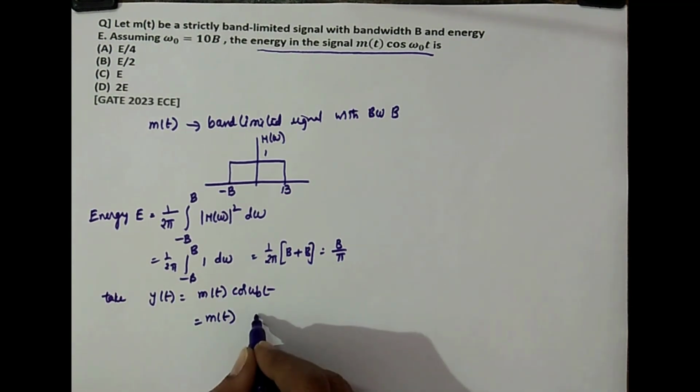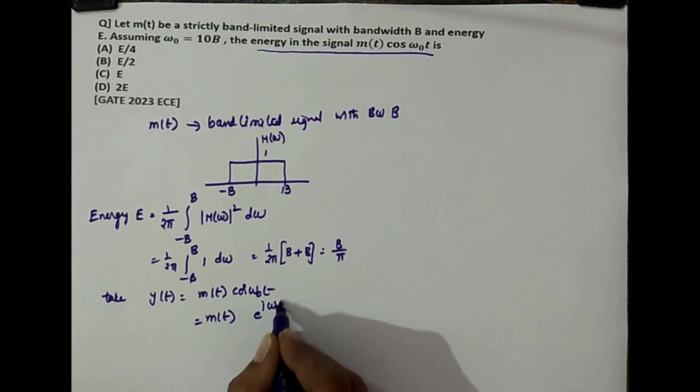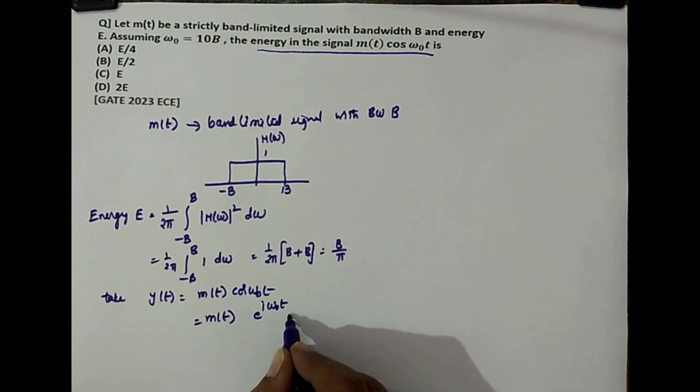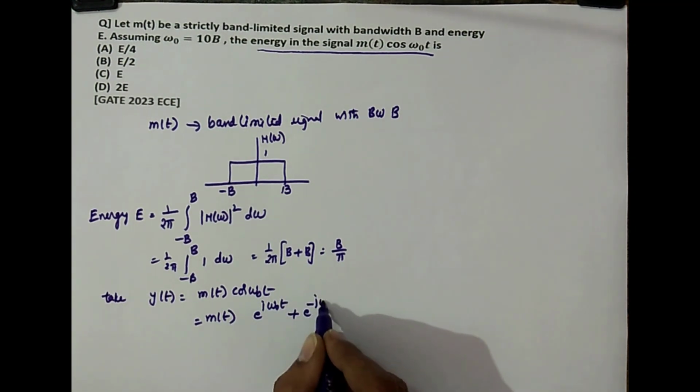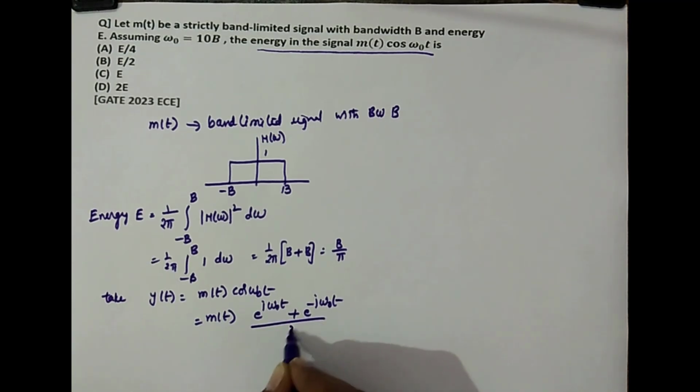We know cos omega naught t can be written as e power j omega naught t plus e power minus j omega naught t by 2.